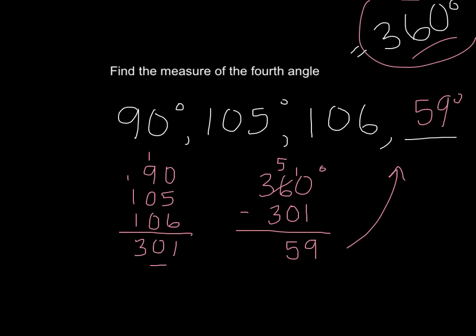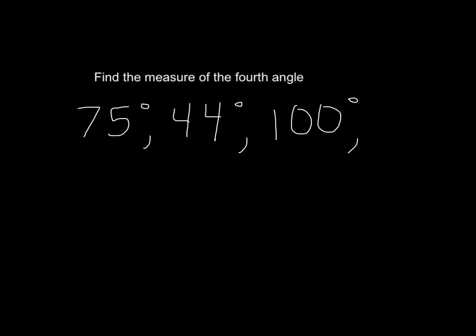One more problem. For this one, I'm going to say that one of my angles is 75 degrees, 44 degrees, 100 degrees, and then I'm going to have my missing fourth angle. Go ahead and pause.